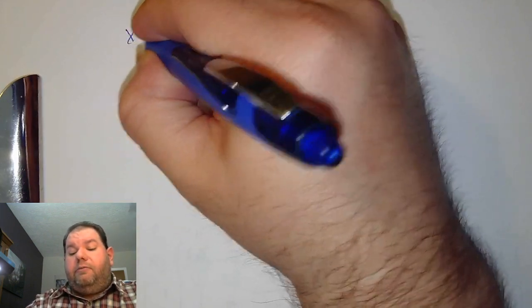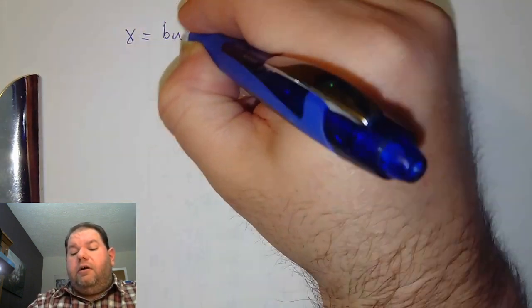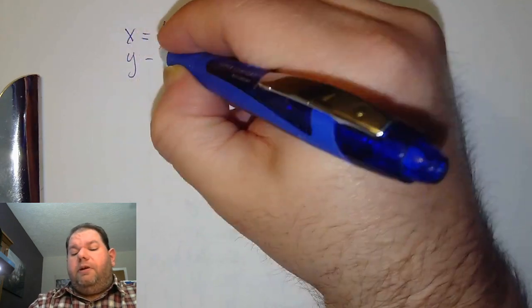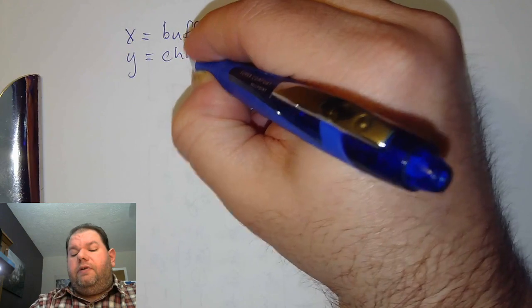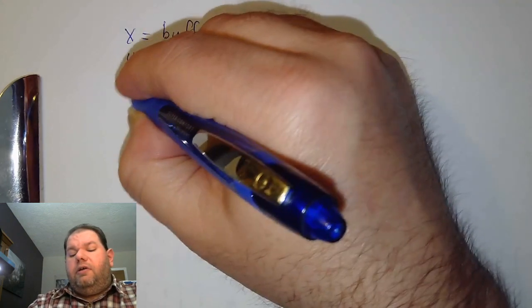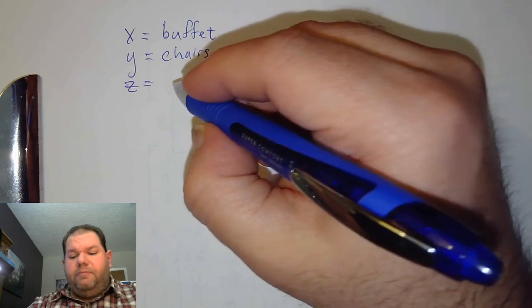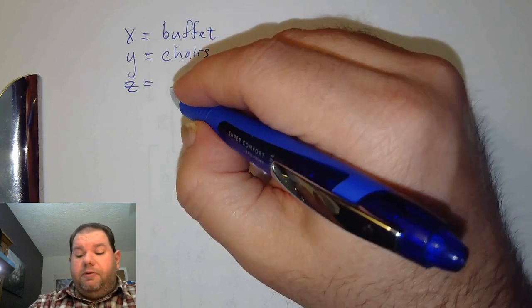So X would be buffet tables. Y would be chairs. Let's see. Actually, we don't necessarily need variables here, but anyway.